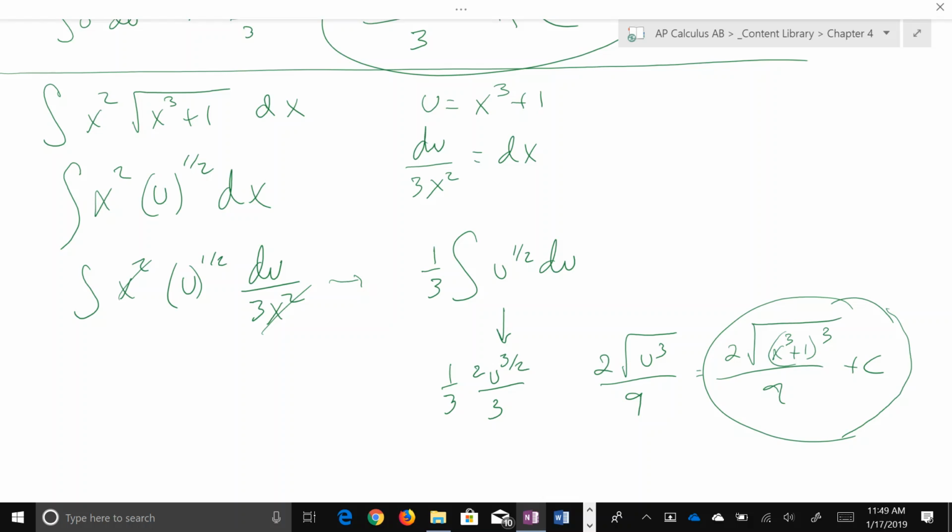Do you have any problems over there, George? You got this? What's 1/2 plus 1/6? Remember the trick for adding fractions?